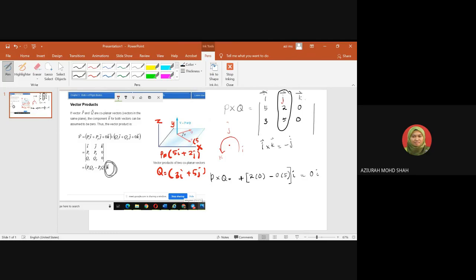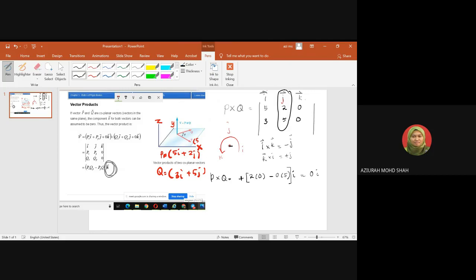Okay, ni ada tanda lah dia. K cross I akan dapat positif J. Why? Because we said that counterclockwise macam ni akan jadi positif. I cross J positif K. K cross I akan dapat positif J. Dan sebagainya macam tu juga. Tapi kalau terbalik, I cross K will get negative.